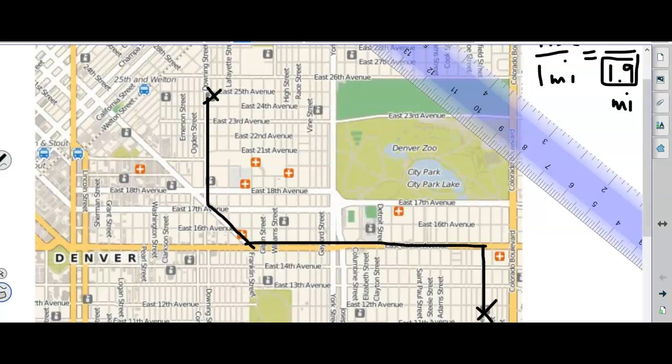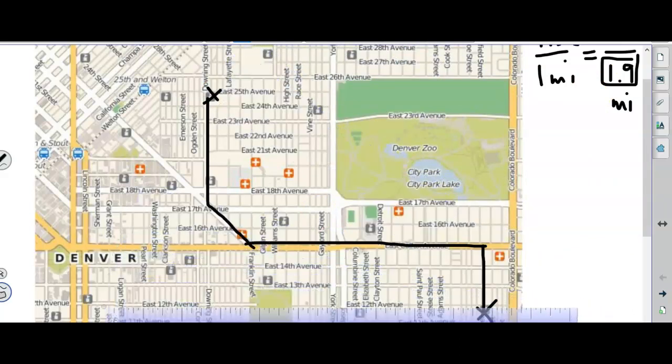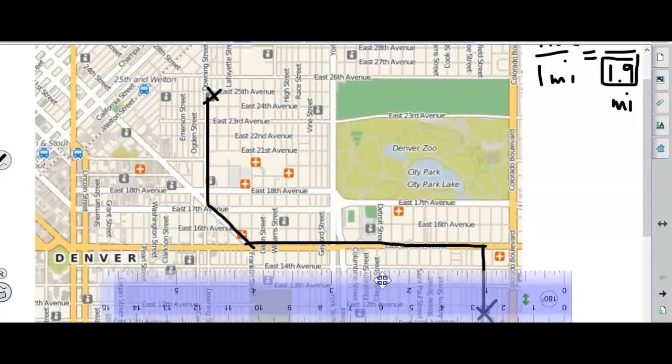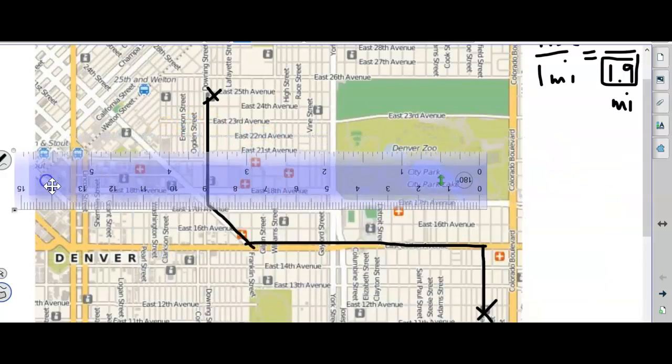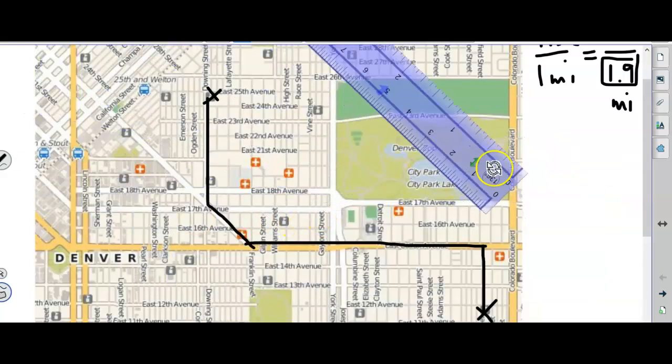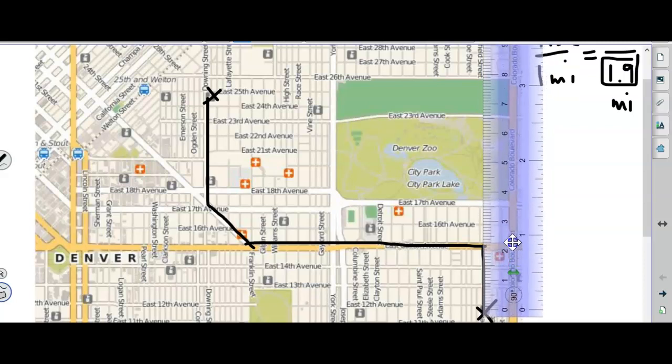All right. Now what I do is I measure each of these, and then add them all up and then calculate what the final would be.